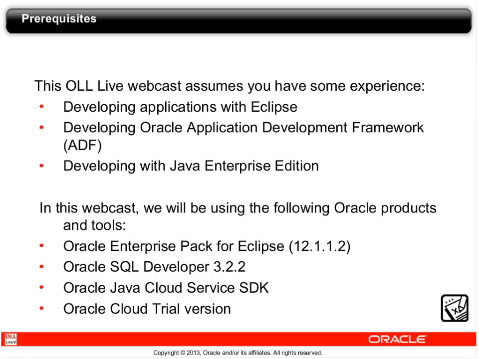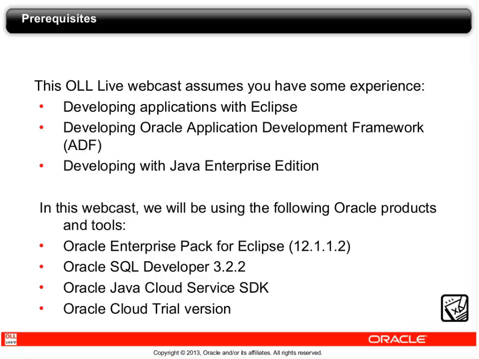So for this webcast, I have already installed on my local system the Oracle Enterprise Pack for Eclipse, this specific version, 12.1.1.2. This version number is important. This is the version of OEPE that's specifically designed for use with Oracle Cloud.